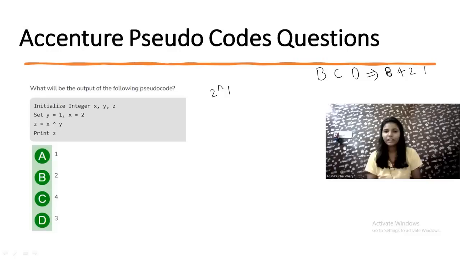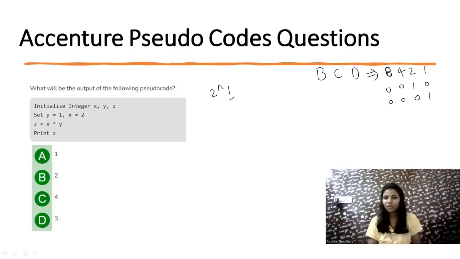Suppose we have to convert 2 into binary form. At the place of 2, we will write 1, and on the other places we will write 0. So this is the binary code for 2. Now we have to write for 1. At the place of 1 we will write 1 and the other places are 0, so 0 0 0 1. This is the binary form of 1.